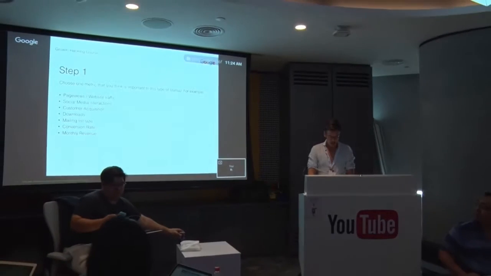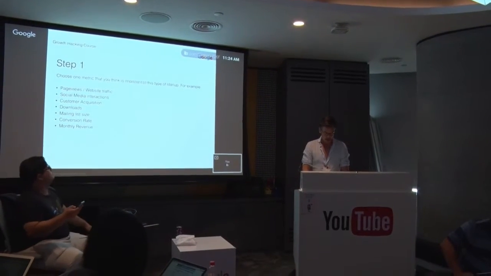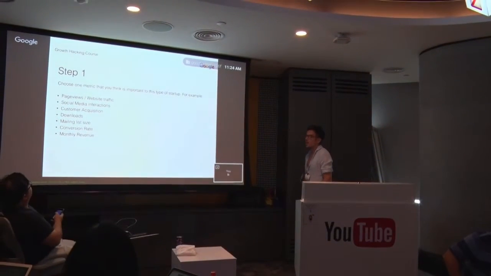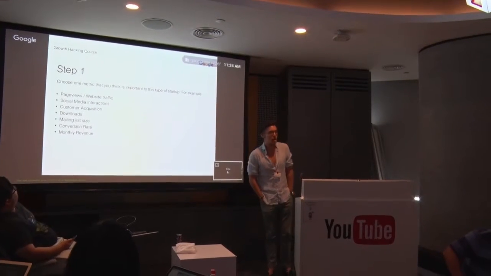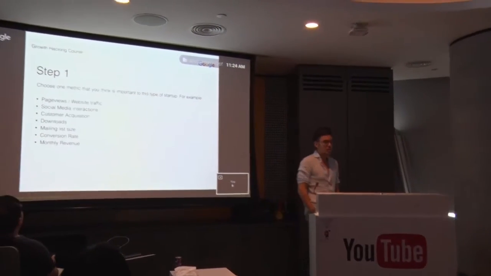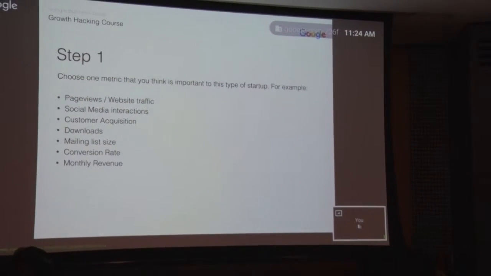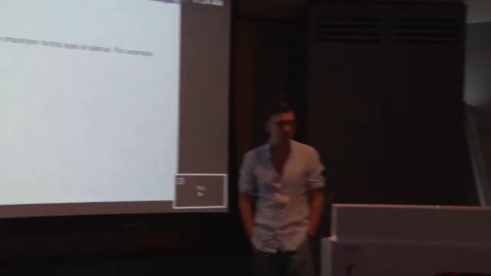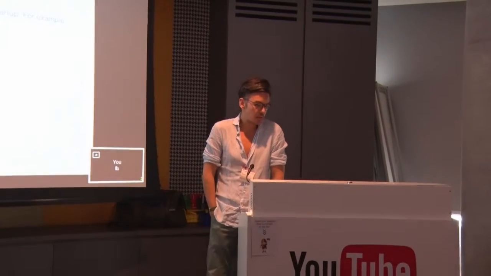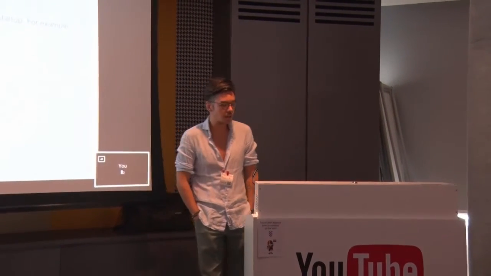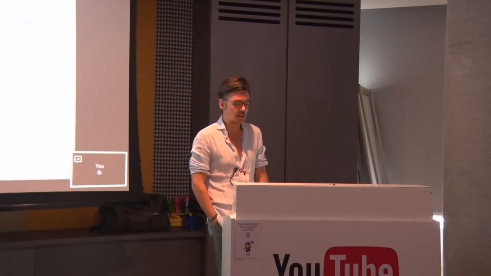So when I say specific metric, I mean one of these. So in your groups, you have to decide what is the metric that is important to you. So it's going to be different for all the different groups. And even the groups that are competitors with each other, it might be different. There's no one right answer to this.